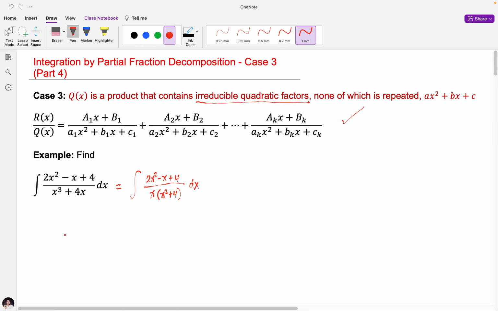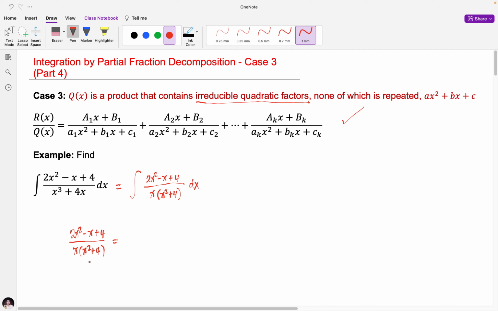So in this case, we have 2x squared minus x plus 4 all over x times x squared plus 4 can be written as a sum of partial fractions. This expression involves both linear and quadratic factors.